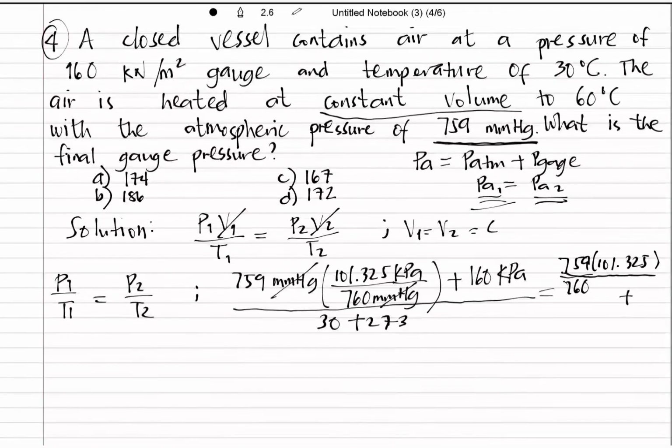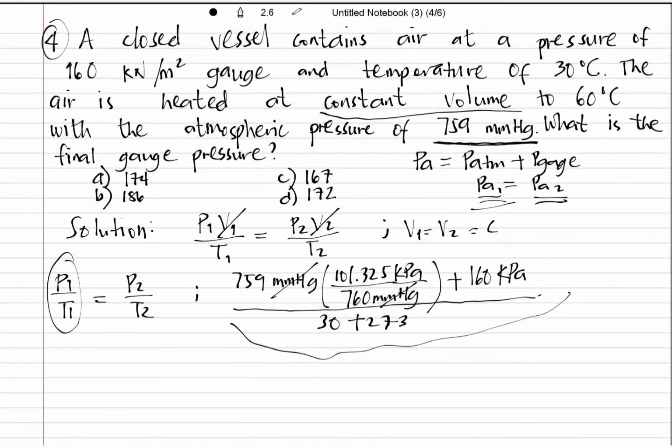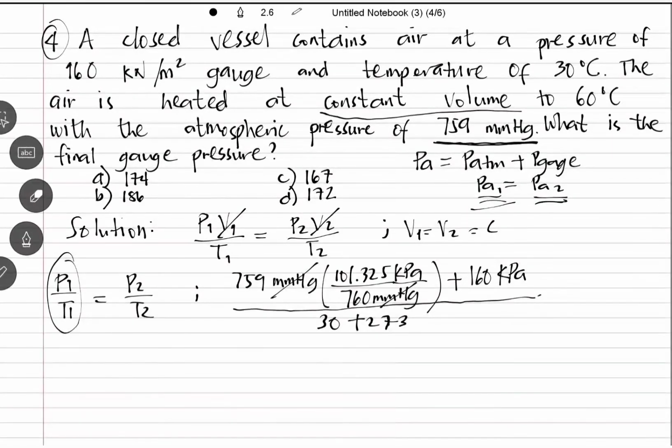Plus natin yung P sub 2, kasi ngayon yung unknown natin, P sub 2. Okay? So parang medyo confusing dito sa part na to. Ibaba ko na lang siguro. So wait lang. So itong sinulat na natin guys is yung sa side yan nito. Itong part na to. Okay? Yan yun. So dito na tayo sa kabilang part. Lagyan ko na lang ng equal sign. So may equal sign tayo dyan.